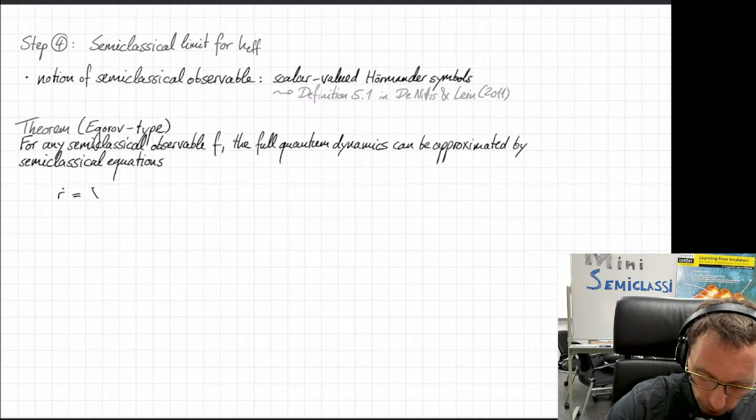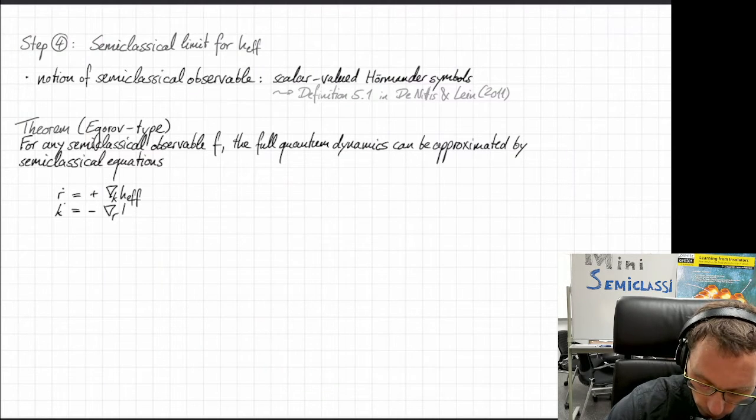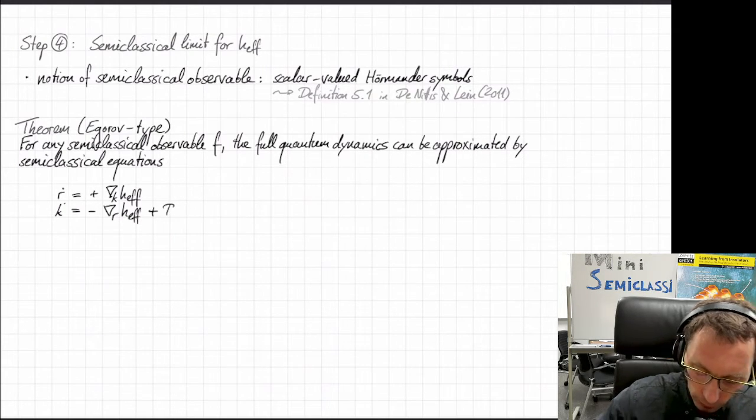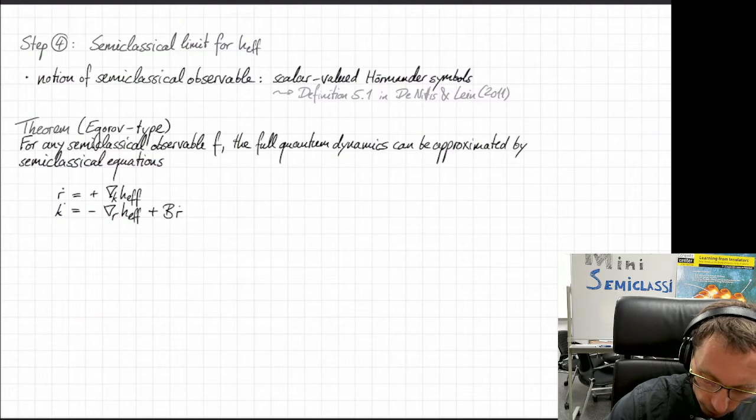R dot is plus the K derivative of H effective, and K dot is minus the R derivative of H effective plus the magnetic term B times R dot.